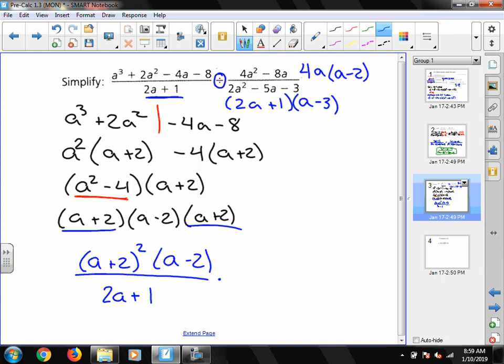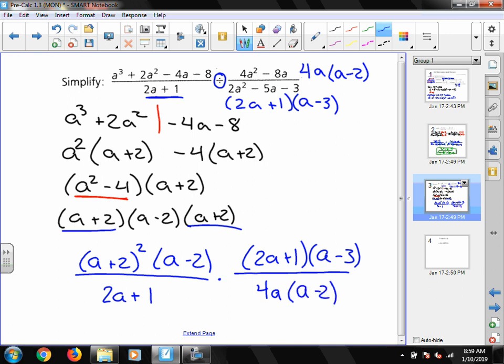So now that I've got this factored out, I am going to flip. So I'm going to have 2a plus 1 times a minus 3 all over 4a times a minus 2.